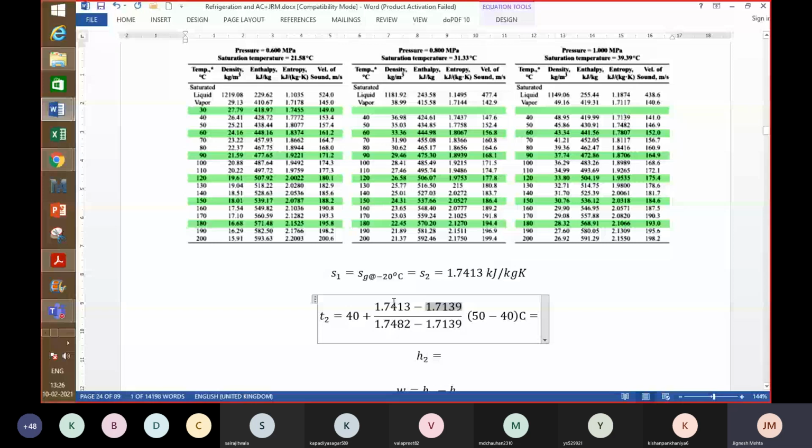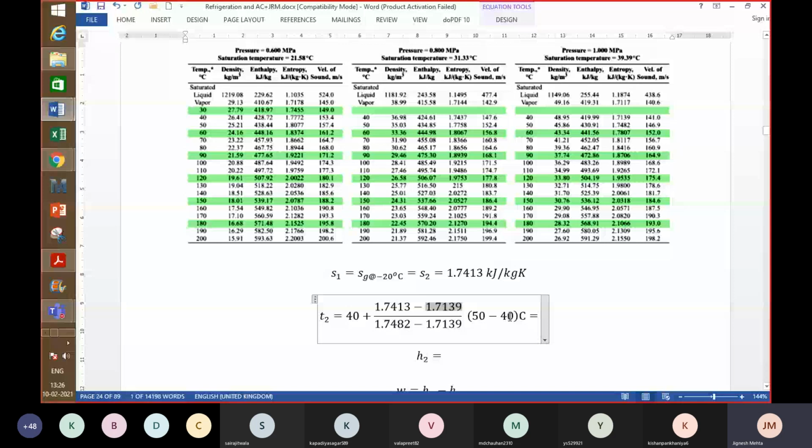And what is the entropy difference between 40 and 50? At 50 it is 1.7482, and at 40 it is again 1.7139. So this fraction is going to be less than 1, and the temperature difference between 40 and 50 is 10. So the actual temperature would be somewhere between 40 and 50.